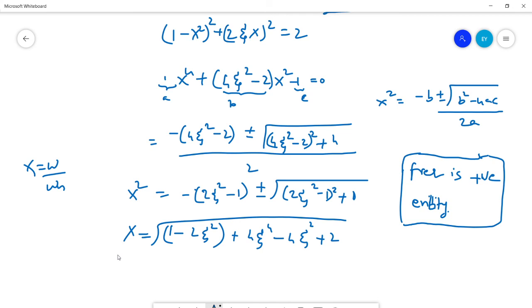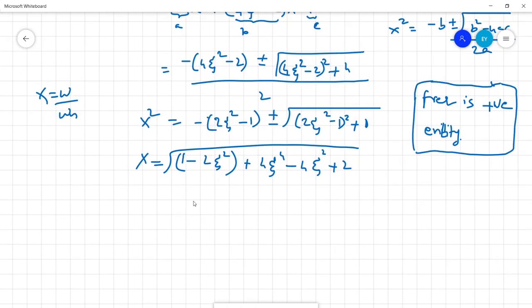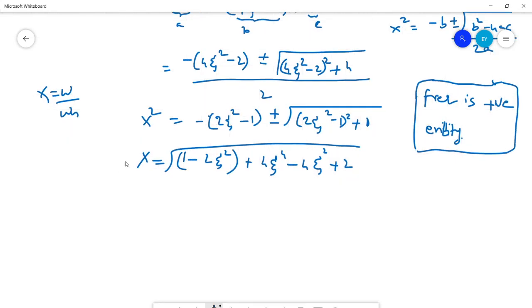So substitute x equal to omega by omega n. Here we are trying to find the bandwidth omega b actually, omega equal to omega b.